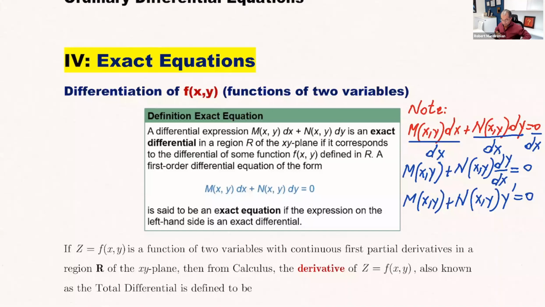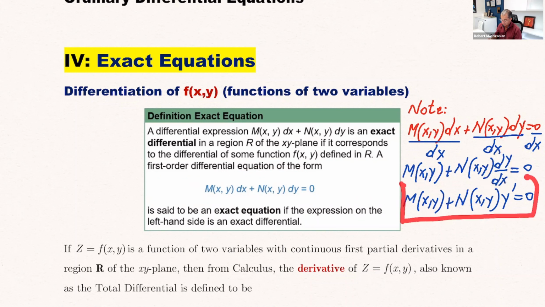Now, before we go into details, let's take a look at this note. If you take this equation and divide every single term by dx, then dx is canceled here. You're left with M(x,y) plus N(x,y) dy/dx equals 0, since 0 divided by dx is 0. Then dy/dx, we know we can write as y prime.